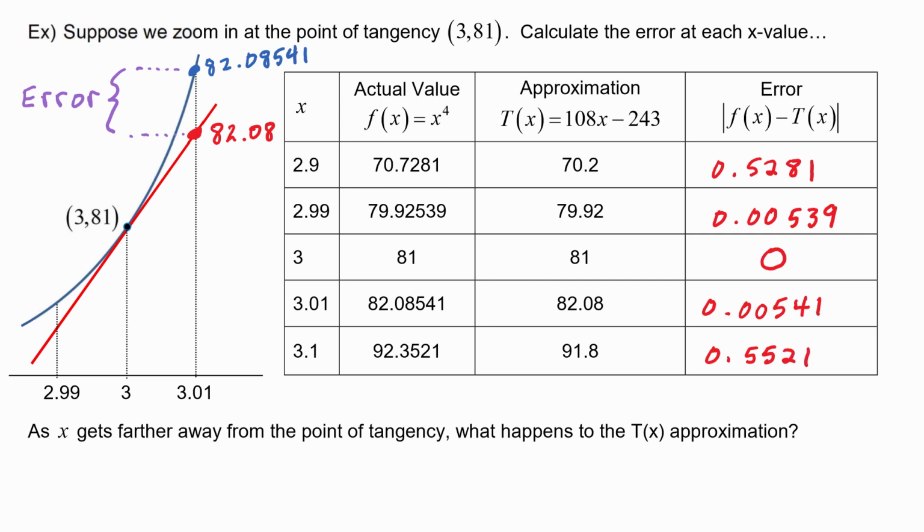So what we notice is as x gets farther away from the point of tangency, so farther away to the left or farther away to the right, we see that the error gets worse.